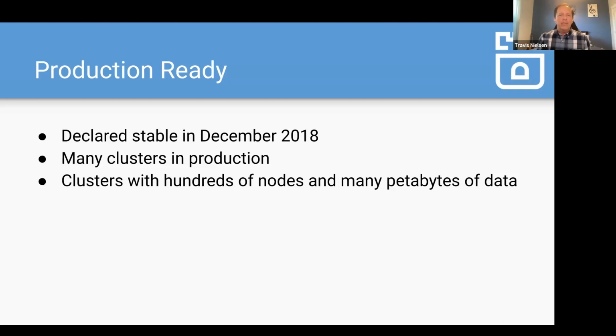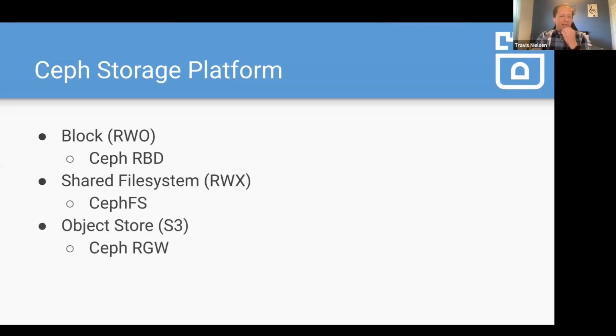I wish I knew all of the users that we had upstream, but we just don't always, or even rarely, know who all has it running in production, just because of the nature of upstream. But it's been exciting to facilitate that growth. There are so many clusters, even large clusters with hundreds of nodes and many petabytes of data, providing data for their Kubernetes clusters. So what type of storage?